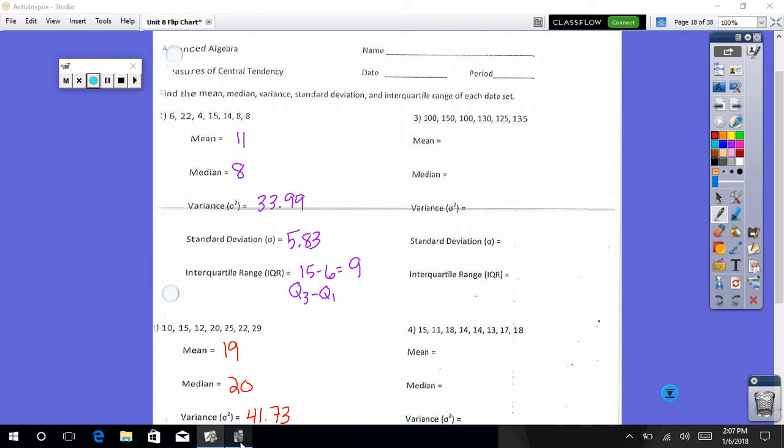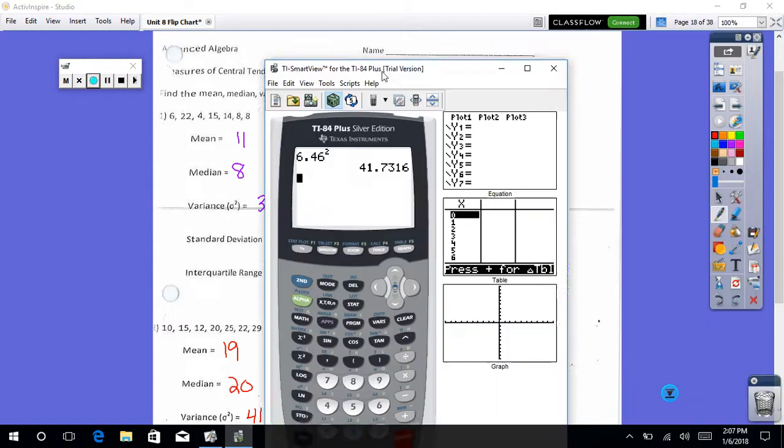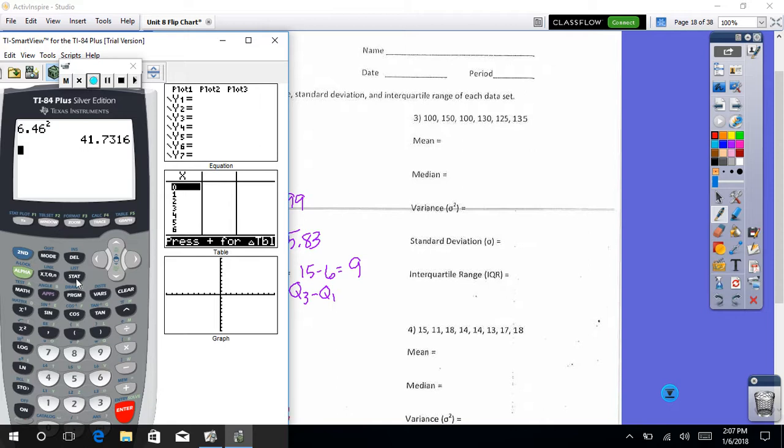Let's go up to number 3. Y'all go ahead and start entering that data if you have not already started. I hope entering the data has become second nature at this point.